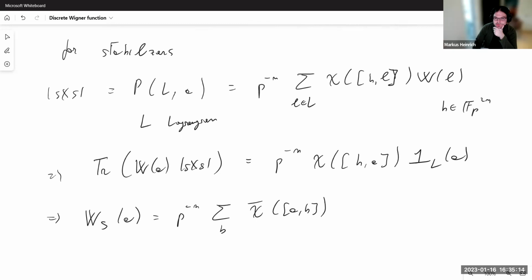Mirko, I think the dimensional factor in the trace should not be there, because you get a trace of the identity. Yes, probably you're right. Let me double check, but this one sub L is the indicator, right?